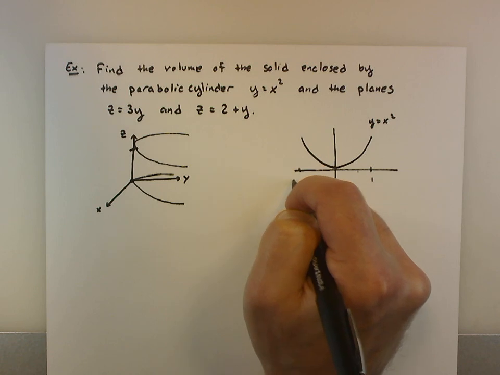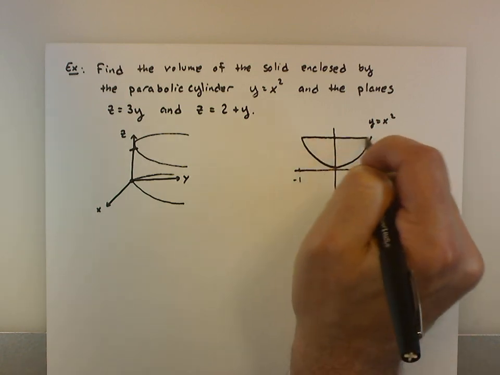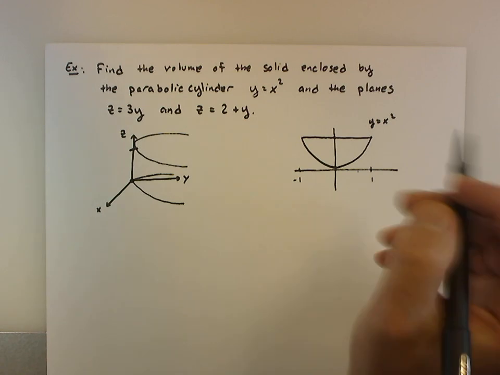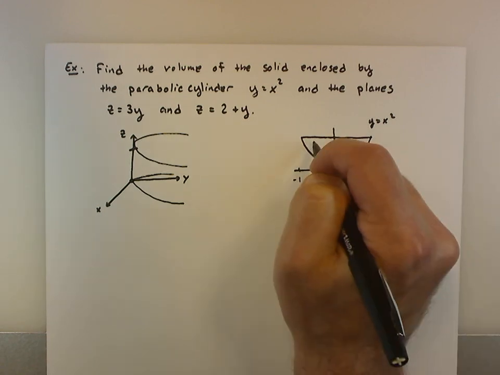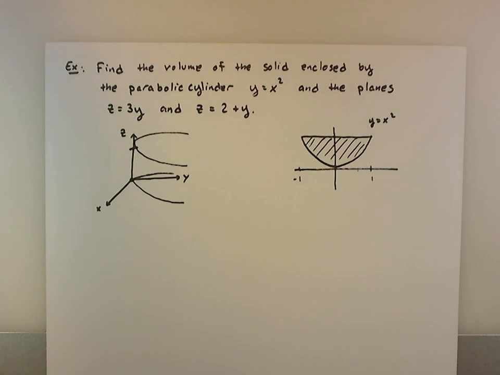If that's 1, if that's negative 1, y is equal to 1 would be that region here.